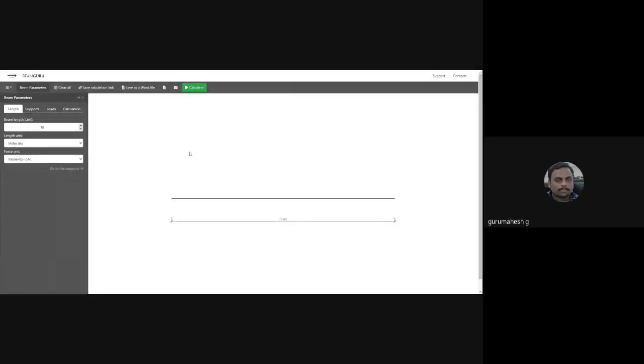Now I'm going to share my screen with you. First we'll see, then after that we go for the question. I'm going to explain this by using simple software. My beam length is 10 meters. It is a cantilever beam.